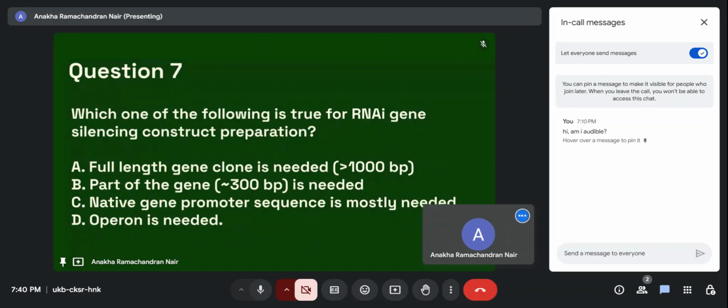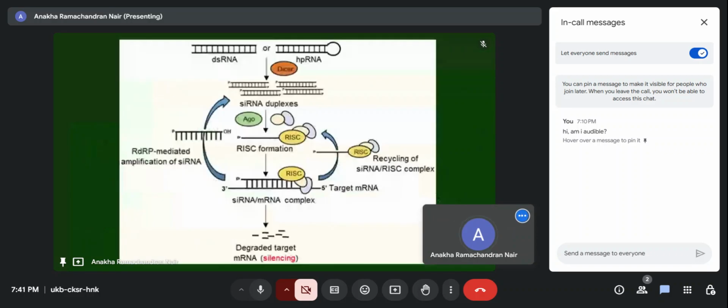If you have forgotten what RNAi silencing is, you either have a double-stranded DNA, or a hairpin loop, double-stranded RNA or hairpin loop RNA, and an enzyme called Dicer will make small fragments of this. Then you have the RISC complex formation.